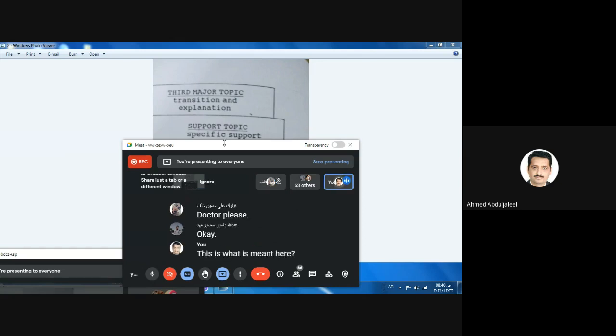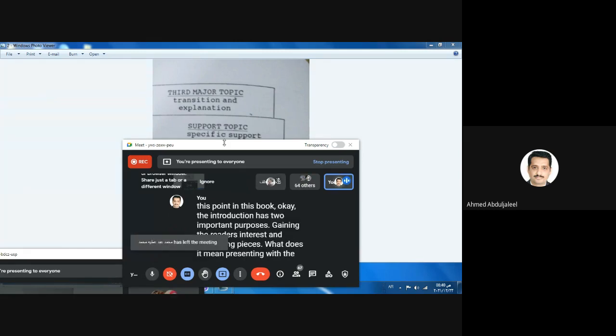Okay, when we have this point in this book: the introduction has two important purposes, gaining the reader's interest and presenting the thesis. What does it mean, presenting the thesis? It means presenting our topic. Remember the thesis statement when we defined it in the second chapter?